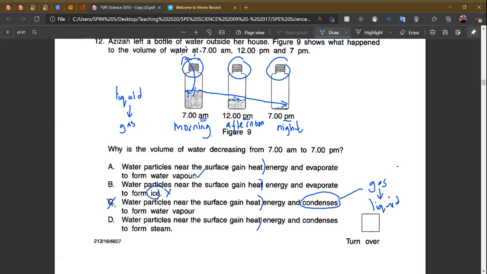And D is again heat energy and condense to form, so again condense means gas to liquid, therefore it's not possible because the water actually goes away instead of becoming a liquid. Therefore the only possible choice is A.